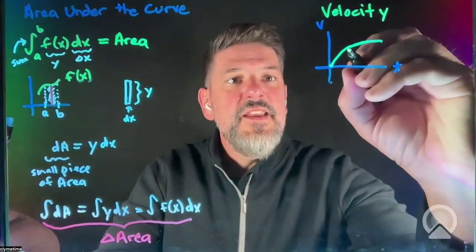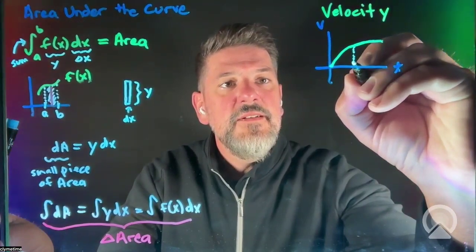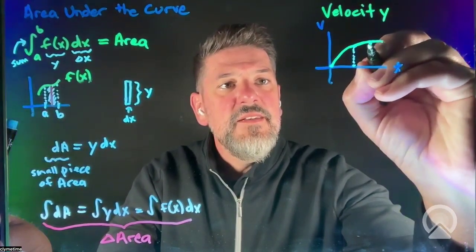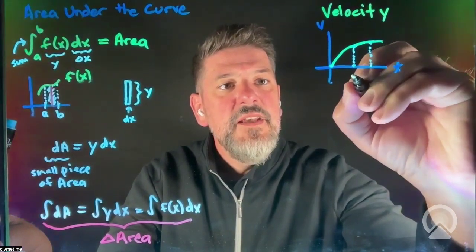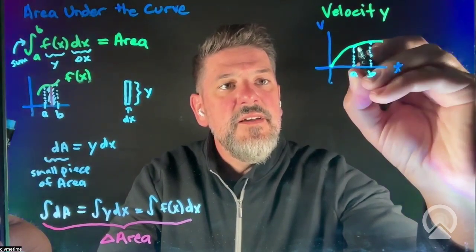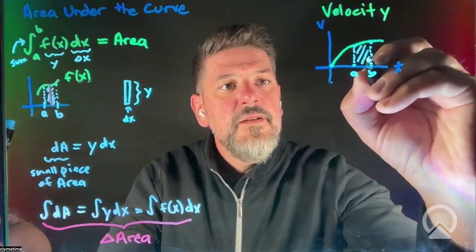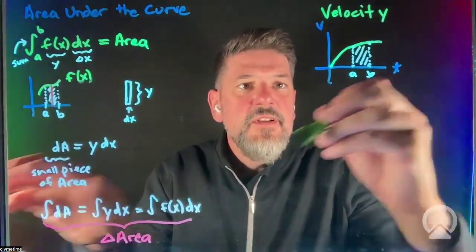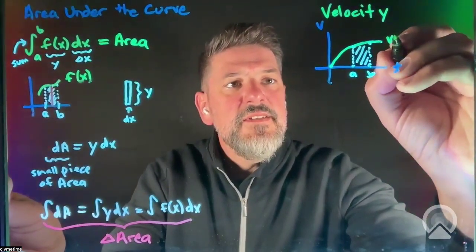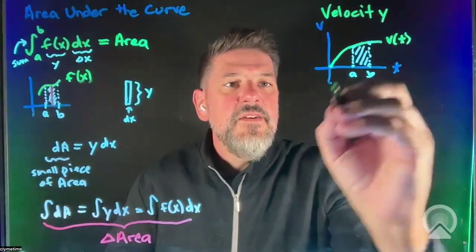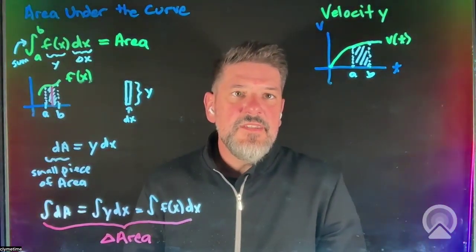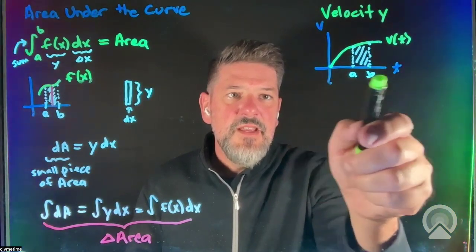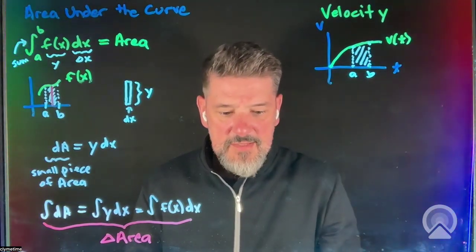So if we wanted to find the area underneath the velocity curve, what does that mean? Let's say from A to B, I want to find the area underneath here. What would that area represent? We have a velocity curve. What does the area underneath the velocity curve represent when you have velocity on the y-axis and time on the x-axis?